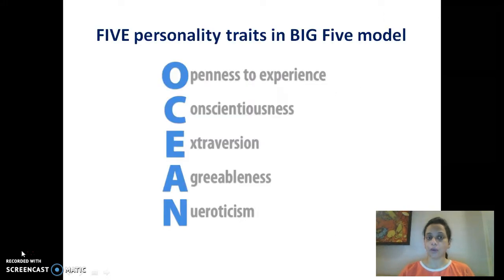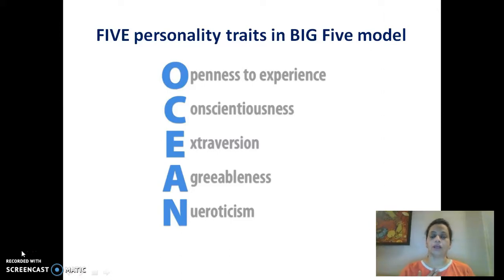Let us now have a look at the 5 traits, the 5 clusters which were identified using factor analysis, which form the different traits in the Big Five model. We can remember these traits by using an acronym, OCEAN, or you can use the acronym CANOE.